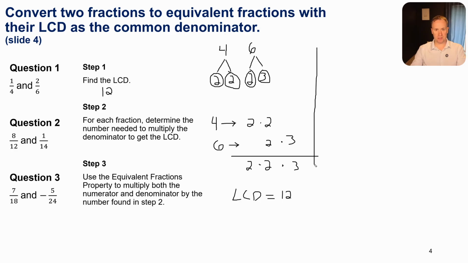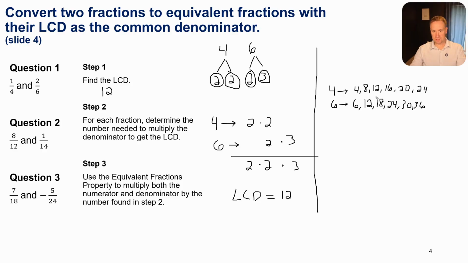Now, if I wanted to do the listing method, I could list out the multiples of 4 and 6. The multiples of 6: 6 times 1 is 6, 6 times 2 is 12, 6 times 3 is 18, 6 times 4 is 24, 6 times 5 is 30, 6 times 6 is 36, so on and so forth. 4 times 1 is 4, 4 times 2 is 8, 4 times 3 is 12, 4 times 4 is 16, 4 times 5 is 20, and 4 times 6 is 24.